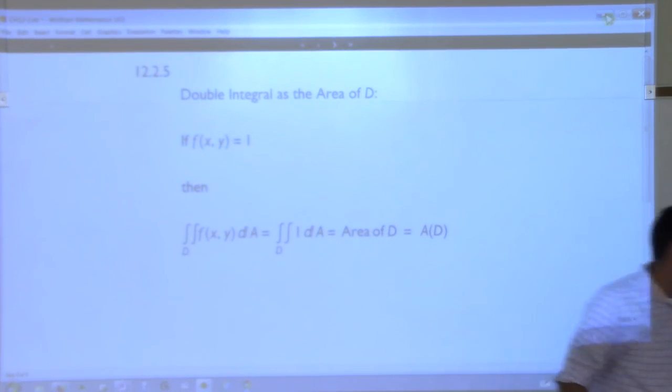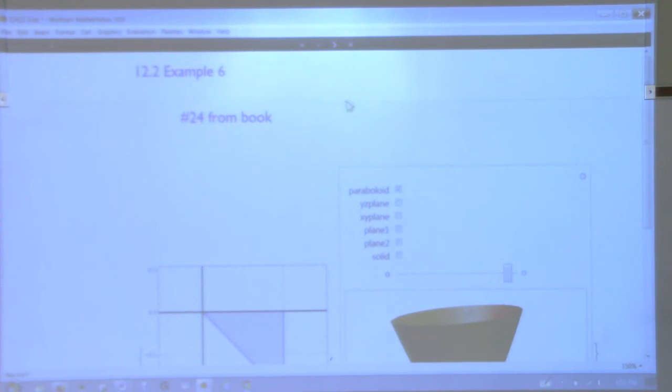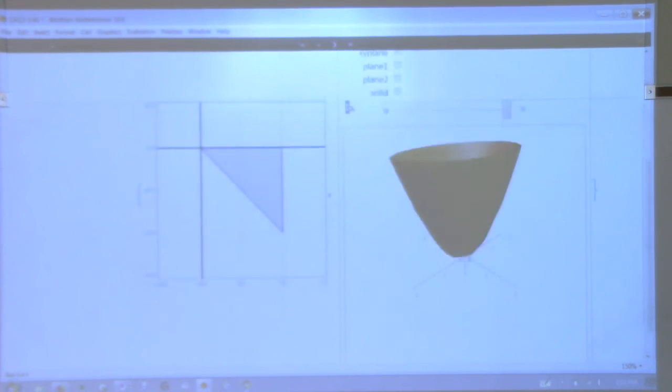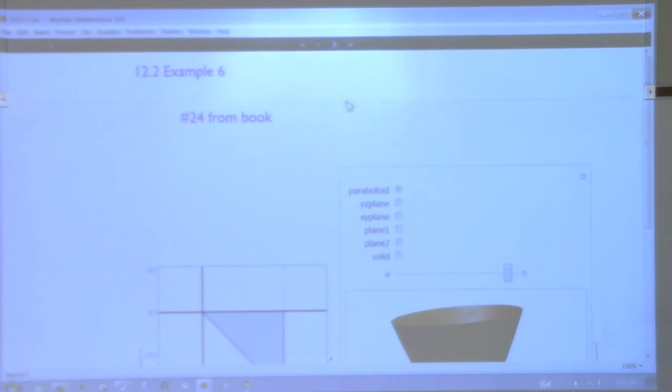So let's see if I have an example to go with this. Don't think I do, but let me see. No, I don't have an example, but we will do one in the next section. All right, this is number 24 from the book, so I'm going to have to break my book out real quick. And you know what? I have 20. Yeah, we'll do 24.